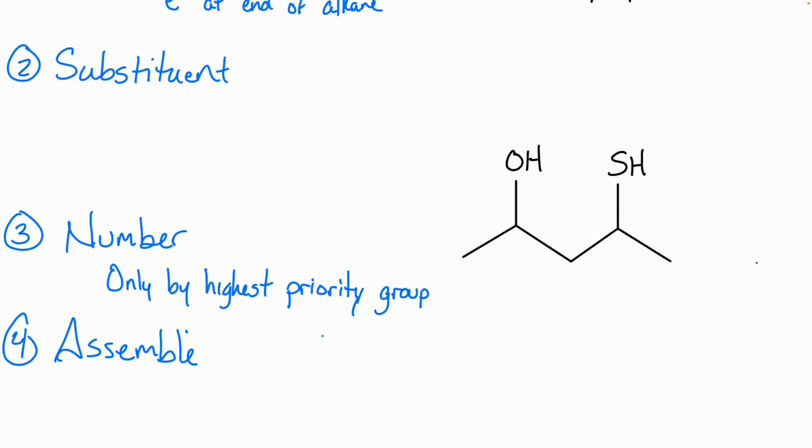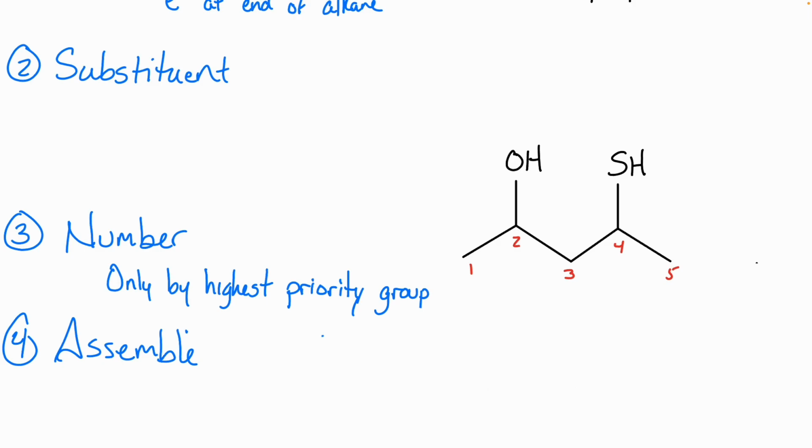So in my numbering of this molecule here, I'm going to make sure that alcohol group has the lowest number. I don't care about the thiol group when it comes to the numbering, right? It loses all of its importance because of the presence of that alcohol group.